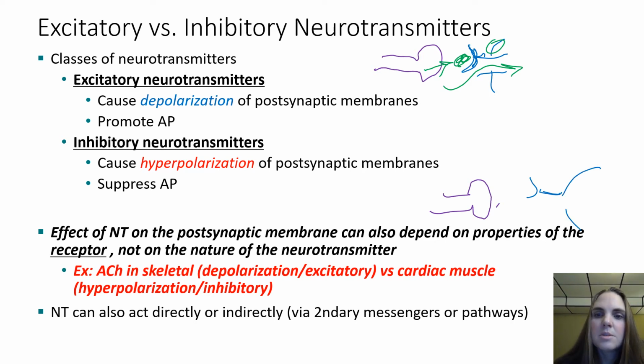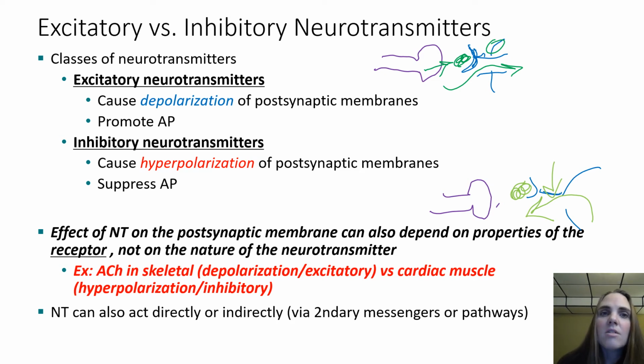If this neurotransmitter that was released binds this gated channel, and the gated channel that it bound to was a potassium gated channel, then potassium is going to be exiting the cell. Those positive potassium ions are going to be exiting the cell, and that's going to cause a hyperpolarization of the postsynaptic membrane, so moving away from the action potential.